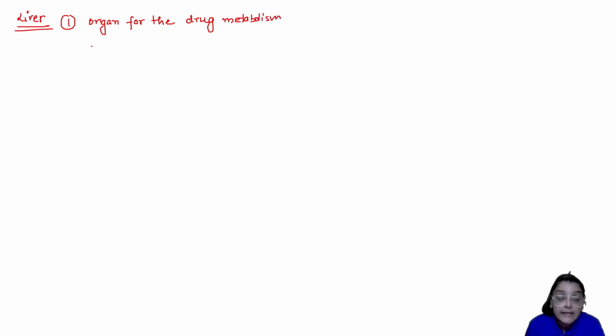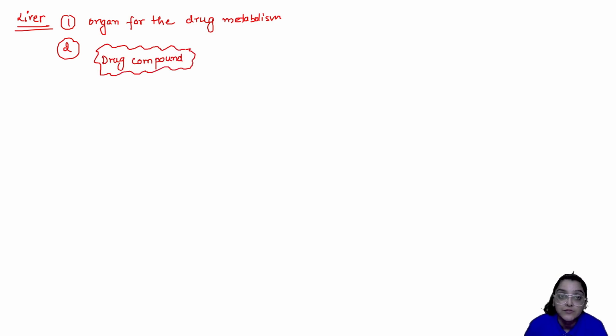Although kidney, lungs, placenta and skin also contain enzymes which can help in biotransformation, the liver is the major metabolizing organ, right? As I mentioned, it is not necessary that your drug compound will be inactive after biotransformation. When a drug compound is converted into a metabolite, a lot of properties influence their interconversion.